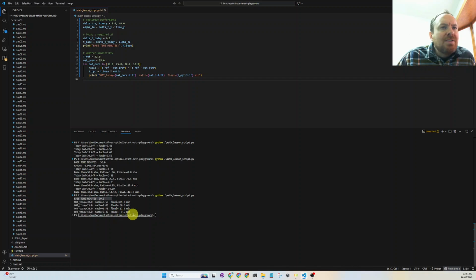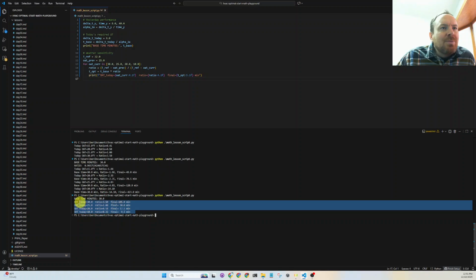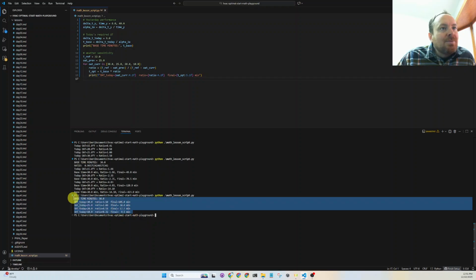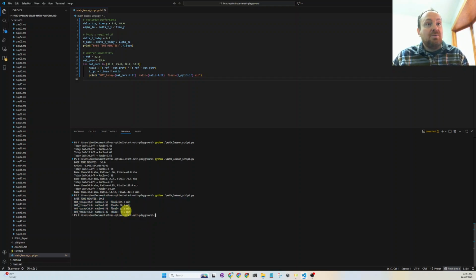I'm just looking at these. So it really blows up our ratio and really makes our minutes go up, but when the outside air temperature gets colder, our minutes go down. Ratio, outside air is getting colder, we would typically need more minutes, not less. So it doesn't make sense to me.